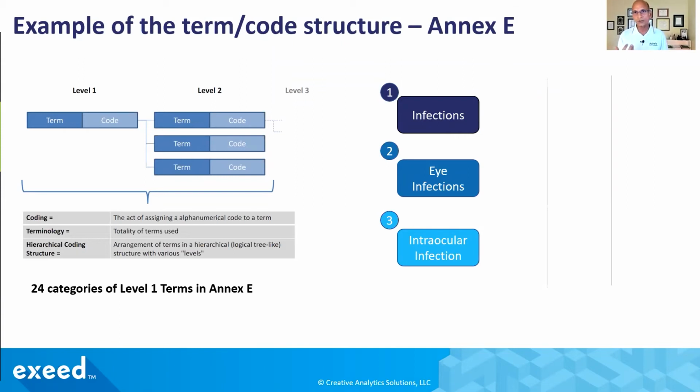So if you just code against infections, it doesn't tell us much. Now, I have done some work in the ophthalmology area. To me, the level 2 eye infections becomes a little bit more relevant for those complaints. And out of eye infections, level 3, intraocular, is a specific type of infection. If we have information, we'll be coding against level 3.